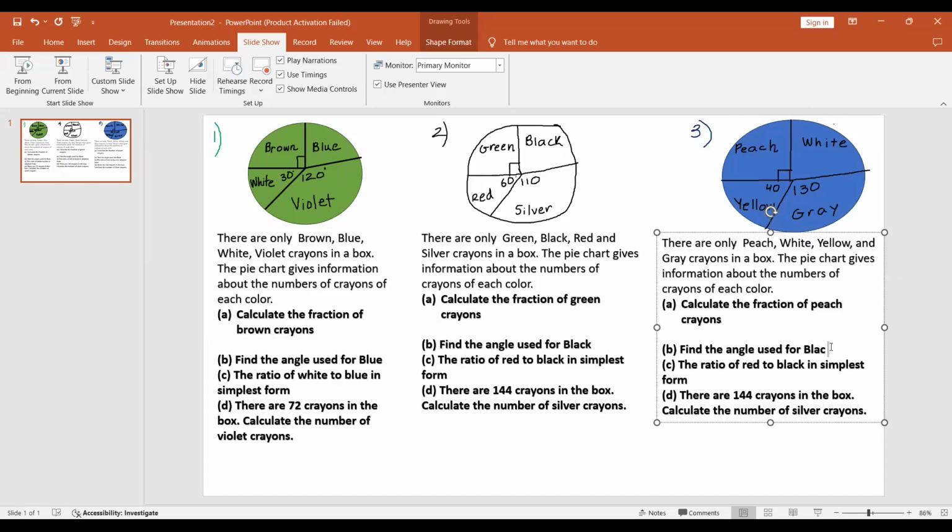I want the angle that's used for white, since we don't have that one. I want the ratio of yellow to white in simplest form. And for the last one, say it's 108, I want to know the number of gray crayons in the box.